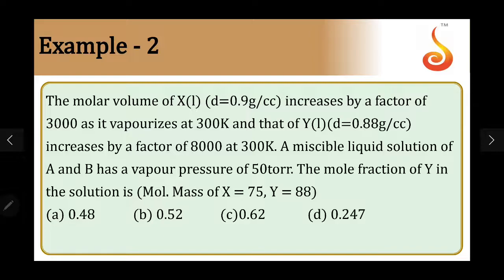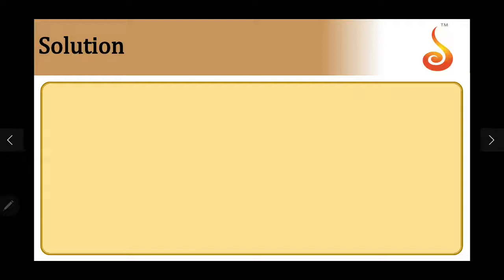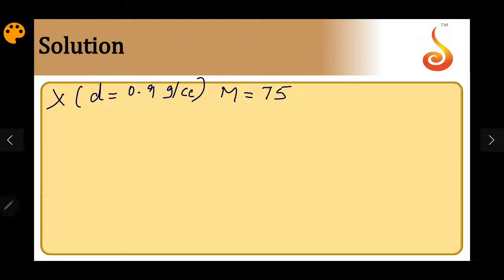So we'll first find out vapor pressures of the pure components. So what is given in the problem? We have liquid X. If I take density is equal to 0.9 gram per cc and molecular mass is given as 75. So what is 1 mole? 1 mole is equal to 75 grams, which is nothing but 75 by 0.9 cc.